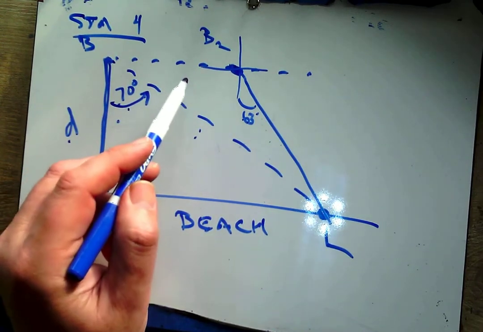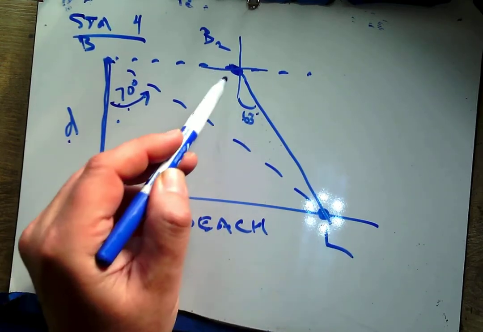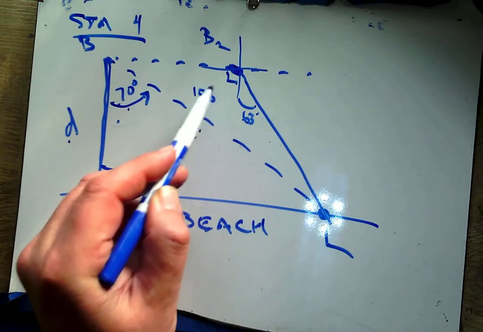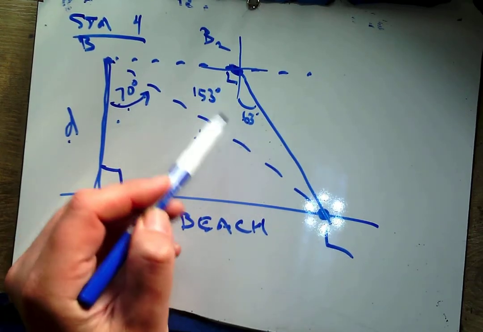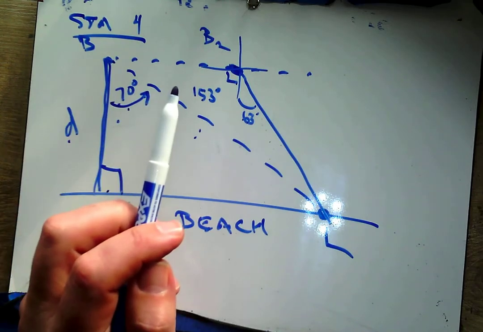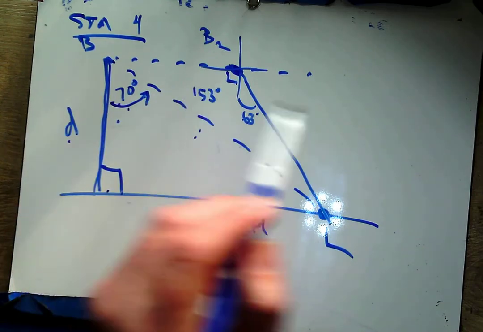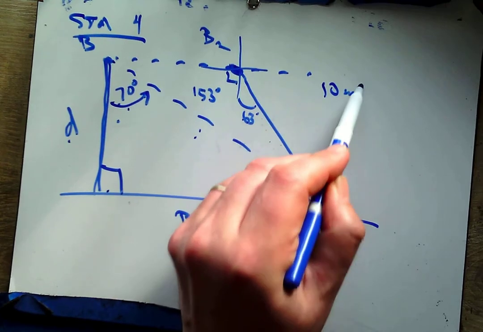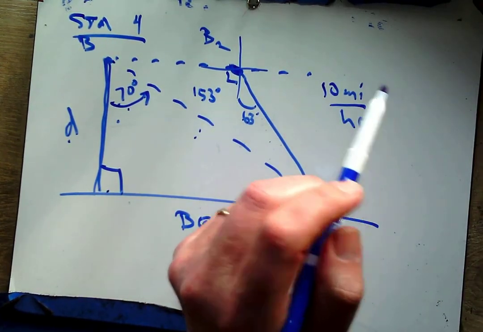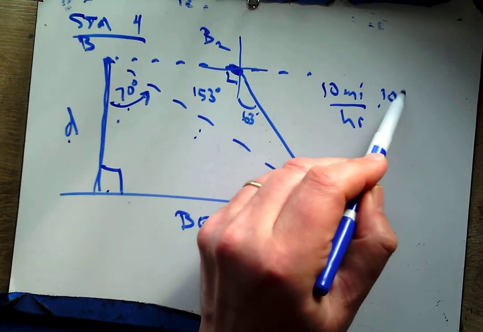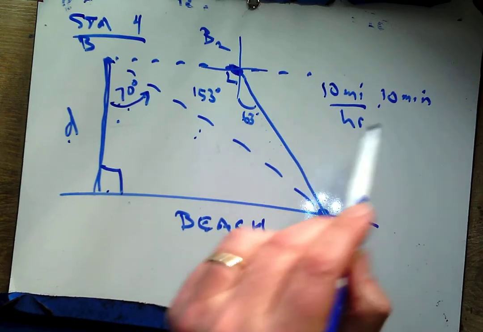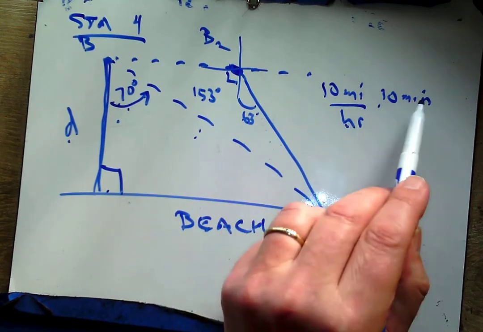Okay, so let's take a look. This part is 63, there's 90. So I know this whole angle is 153 degrees. 90 plus 63 is 153. Do I know any sides? Well, I've got 10 miles an hour. That's my rate, and the time, 10 minutes. Well, 10 minutes seems like something if I multiply by my rate, except, oh, look, this is in hours, and this is in minutes.